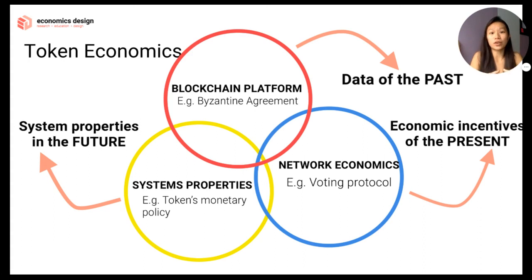They are ecosystems on their own. And they do different things to incentivize you to stay. Like you can get Amazon Prime, and then you can get next day delivery, and then you're more incentivized to use Amazon more often if you have Amazon Prime. And then you have system properties in the future.